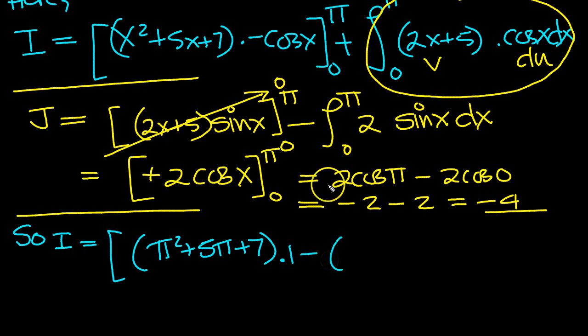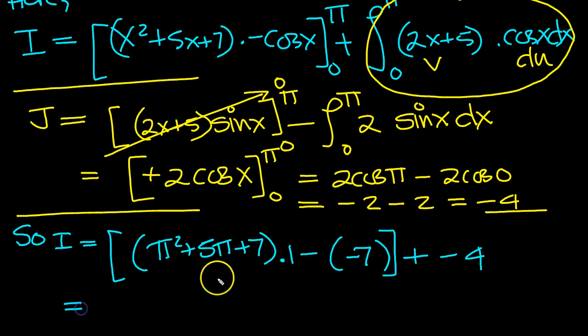Take away the bottom value, and put 0 in, you get 7, and then we get cosine of 0 is 1, and that's a minus, so it's minus 7. So there's our bottom value, plus j, and j was equal to minus 4. So that's what we've got then.